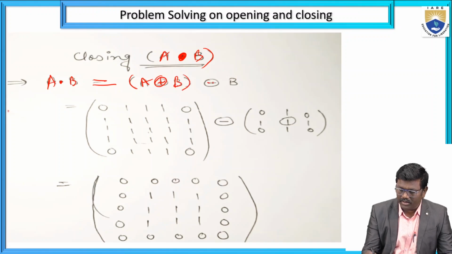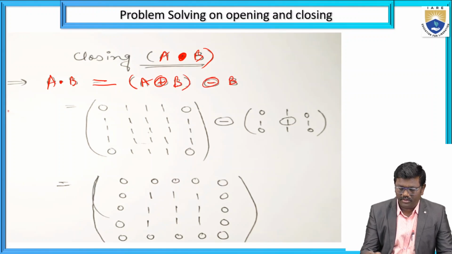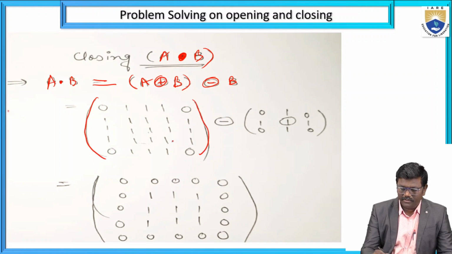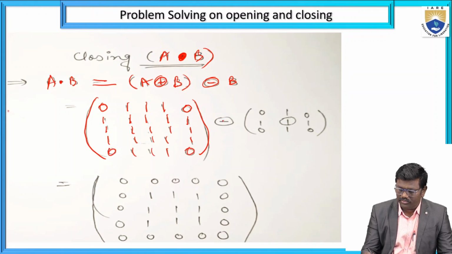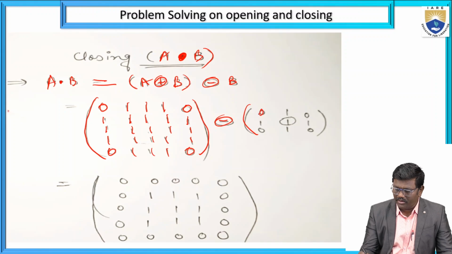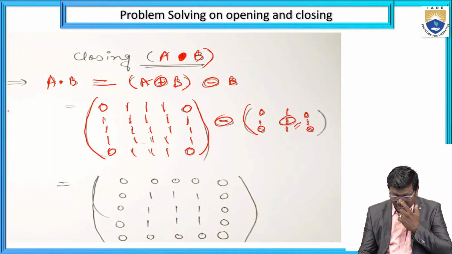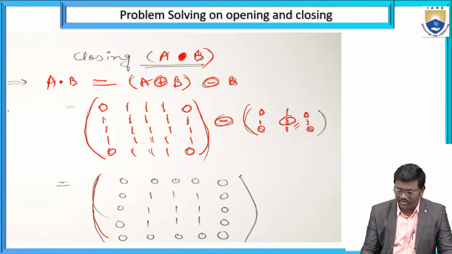So your formula is this: 0 1 1 1 0 1 1 1 1 1, again 1 1 1 1 1 1 1 1 1 1 0 1 1 1 0. You apply your operation between A and B, choosing the middle value, and finally we get this.